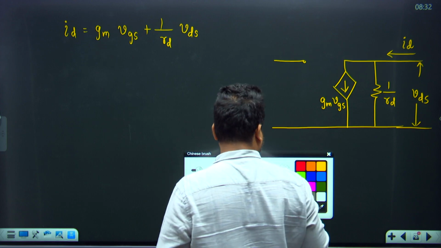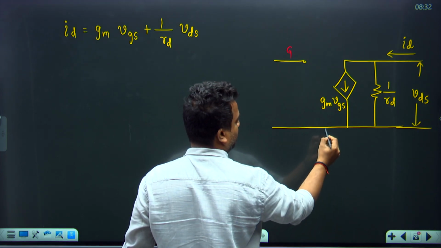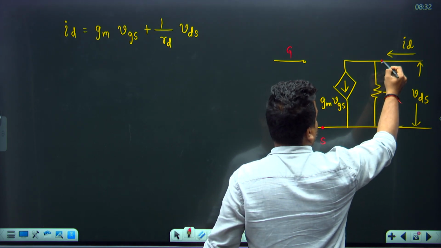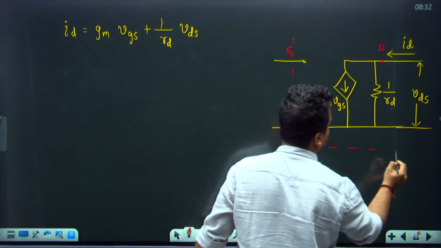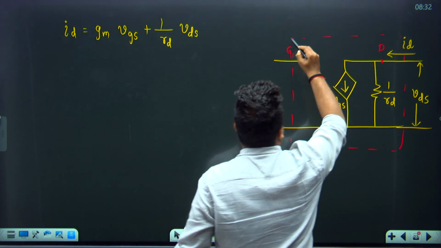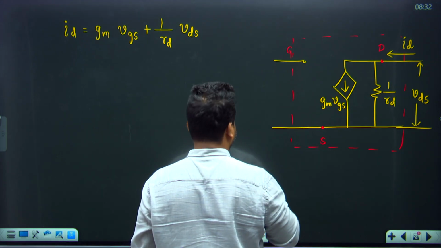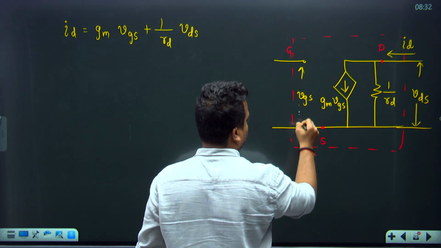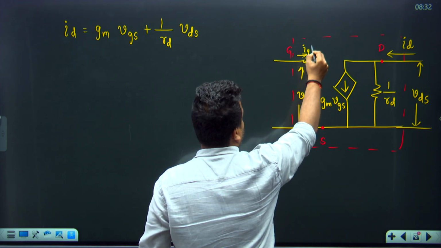Hope you know this is the gate, source, this is the drain, and this is VGS, but it's an open circuit only, because the gate current is 0.